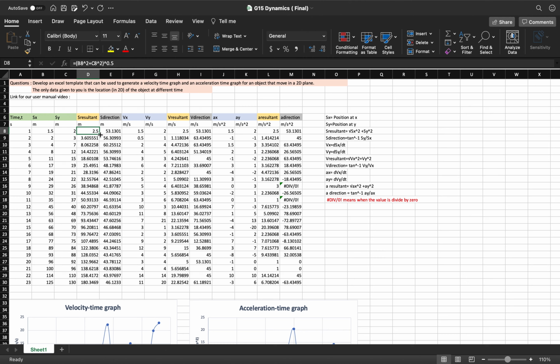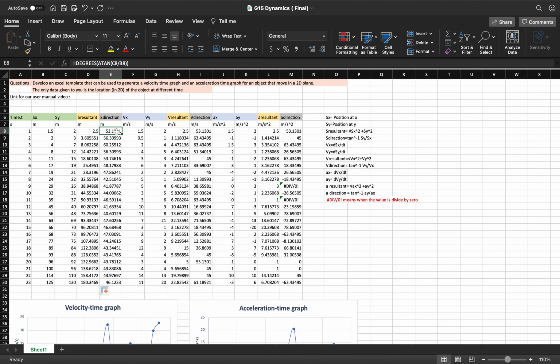By dragging down the right corner of the column to the end, we can calculate the resultant position of the object for the following times. Next, how are we going to calculate the direction of the position of the object? We can use the inverse tangent of Sy over Sx.